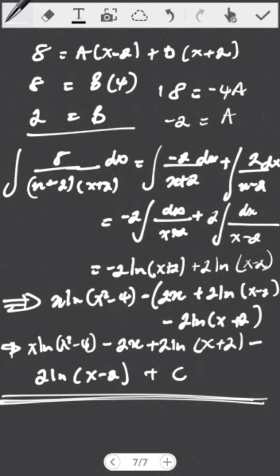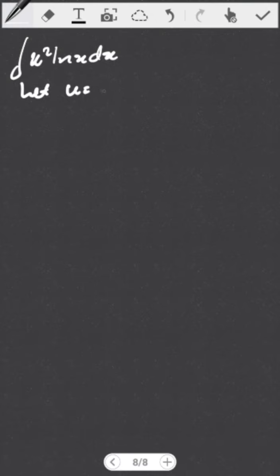So for the next number, if I've been told, for example, to integrate x squared ln of x dx, in this part I'm going to say let u equal ln of x, and therefore du/dx would be equal to 1 out of x.